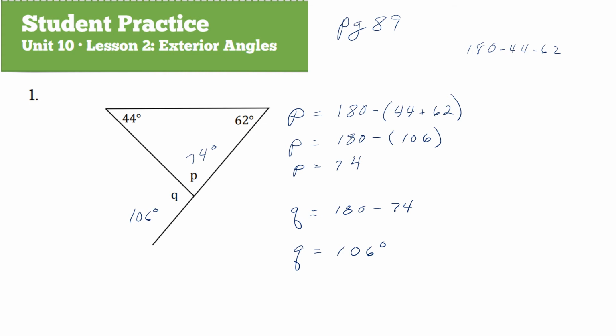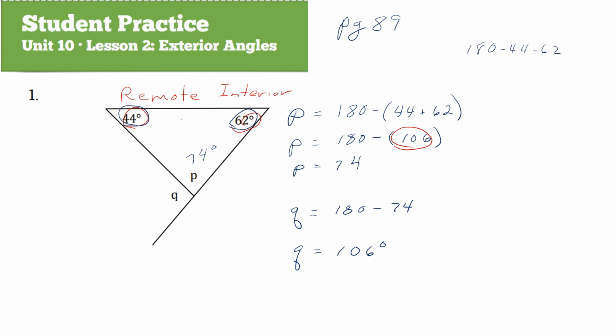Do you see anything there? Look, 106, 106. So this guy's your exterior angle, and he's always going to equal the sum of these, which are called remote interior angles. So to figure out Q, you can just add these remote interiors together.